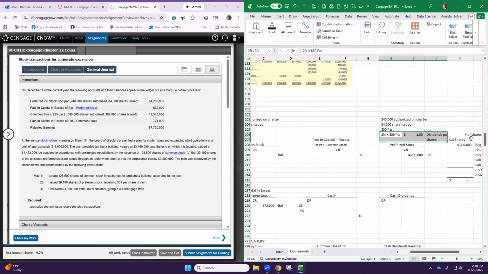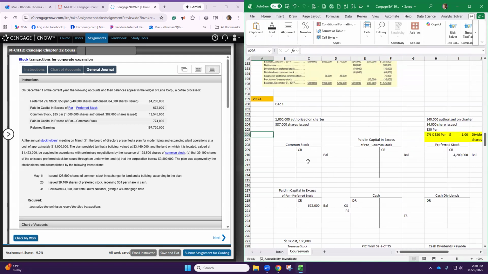So I am going to put this in yellow to help us remember that. Now we're going to put our balances in for common stock. Par is 35.